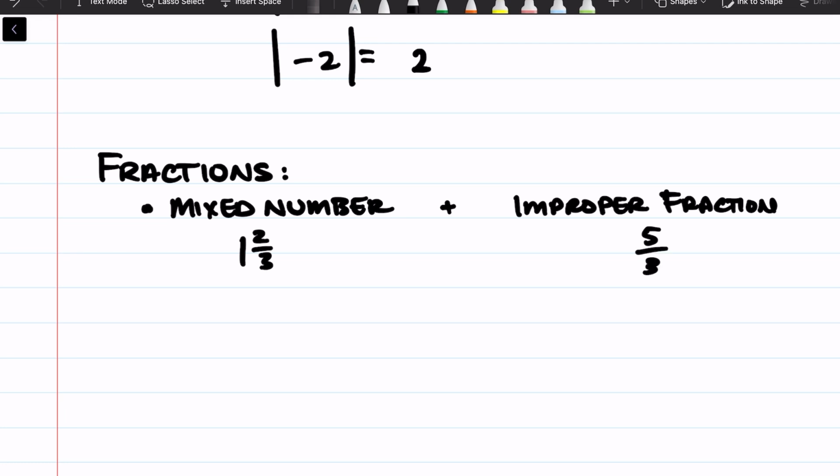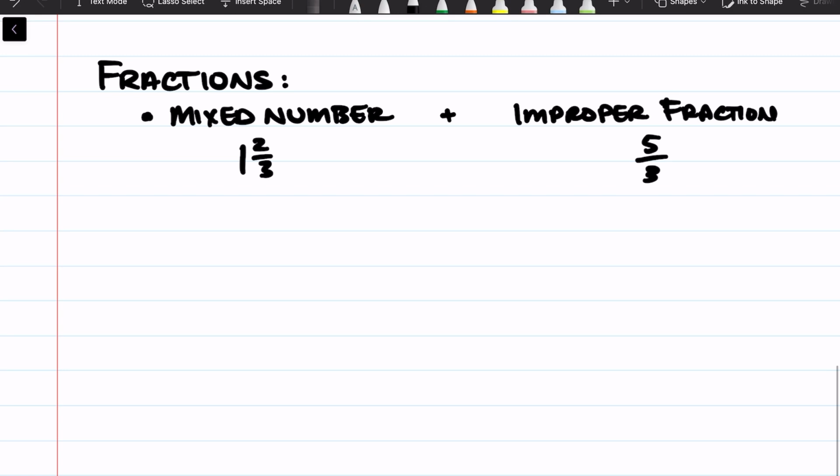Now, these two numbers that I've included are actually the exact same number, but they're just written a little bit differently. And so let's take a look at how these two numbers are the same. If we are looking at this mixed number right here, what we really have are two numbers that are combined together.